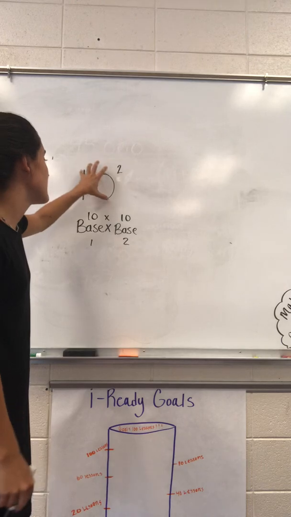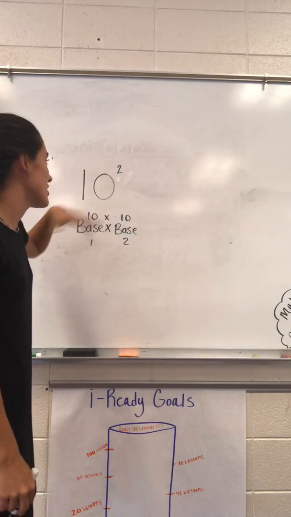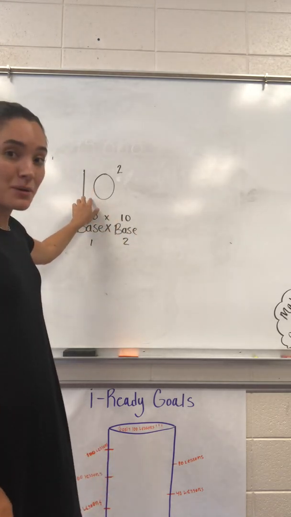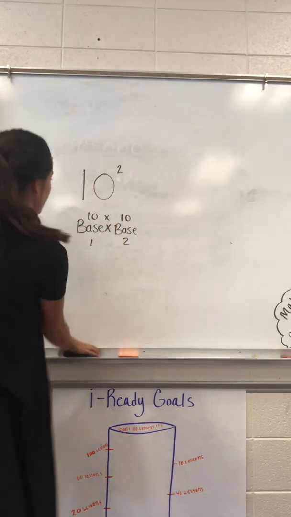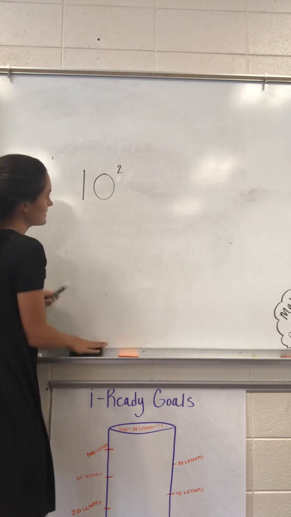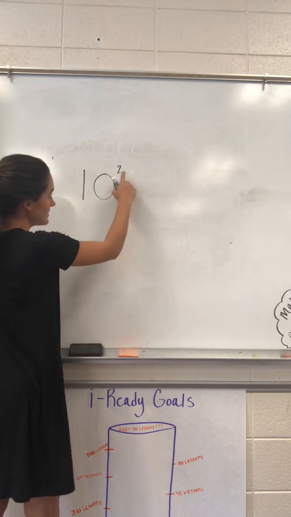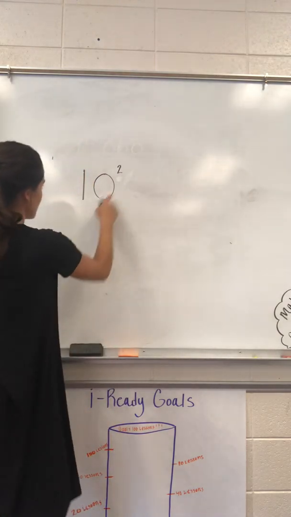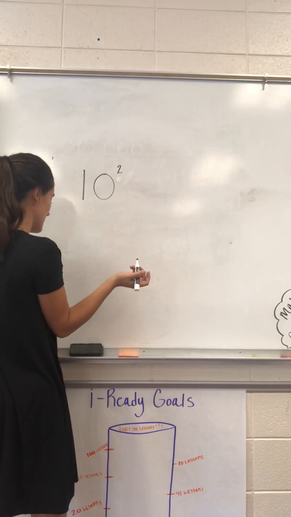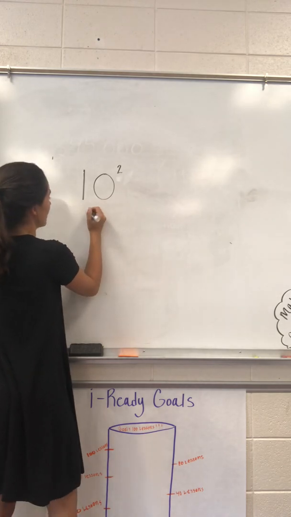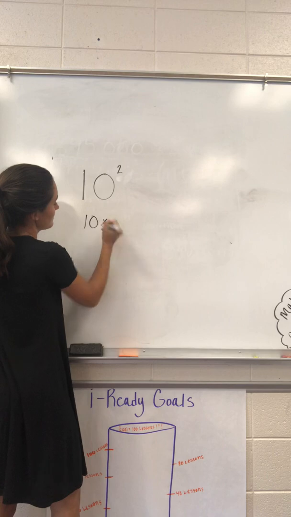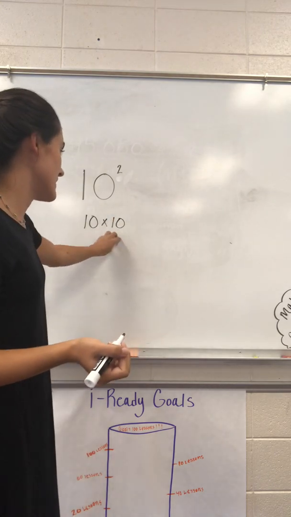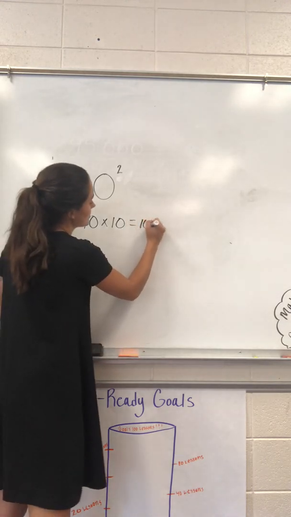This is 10 times 10. So this exponent tells me how many times I'm going to multiply this number by itself. Okay? So we said that 10 squared, that's how we would say it, 10 squared. So when it has a 2 up here, that is squared. I'm going to multiply it by itself. So 10 times 10 is going to give me 100.